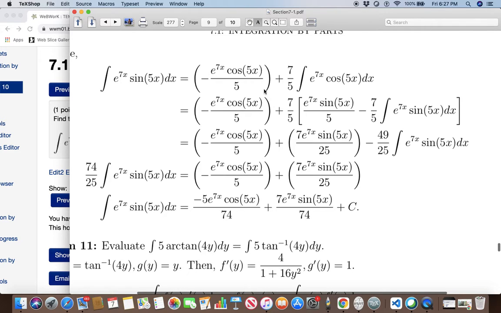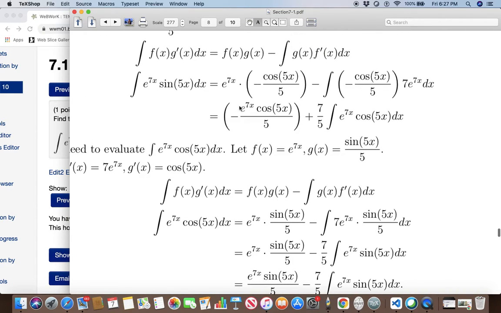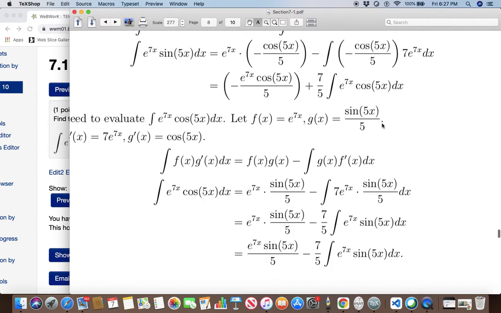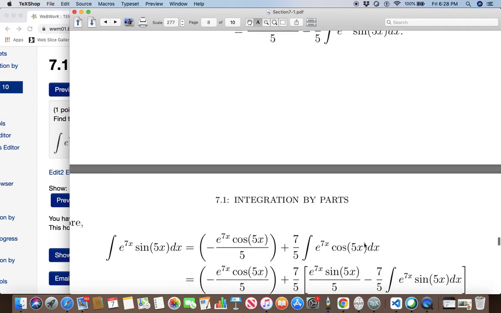Okay, I hope this is clear. The integral of e raised to 7x sine 5x by integration by parts gave us a term plus 7/5 of a new integral. That new integral itself gave us a term minus 7/5 of another integral. But that other integral turned out to be the same one we started with. That's all we have done.